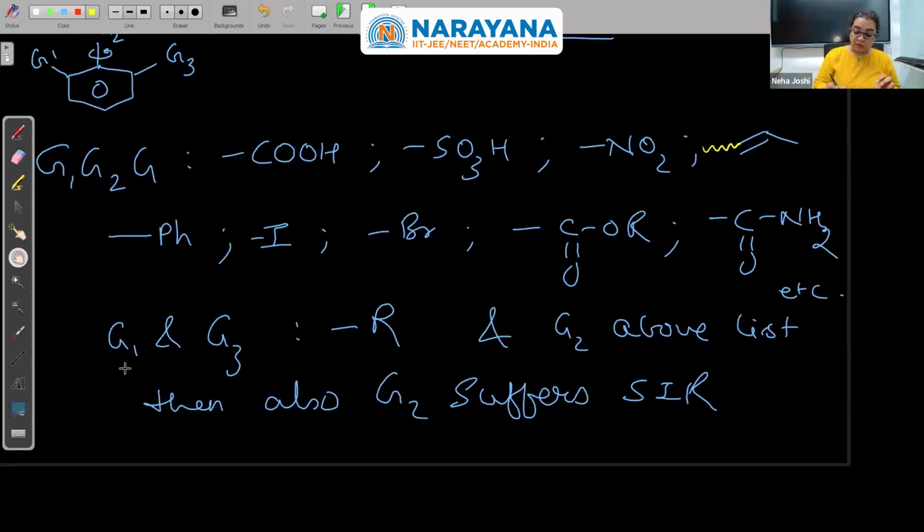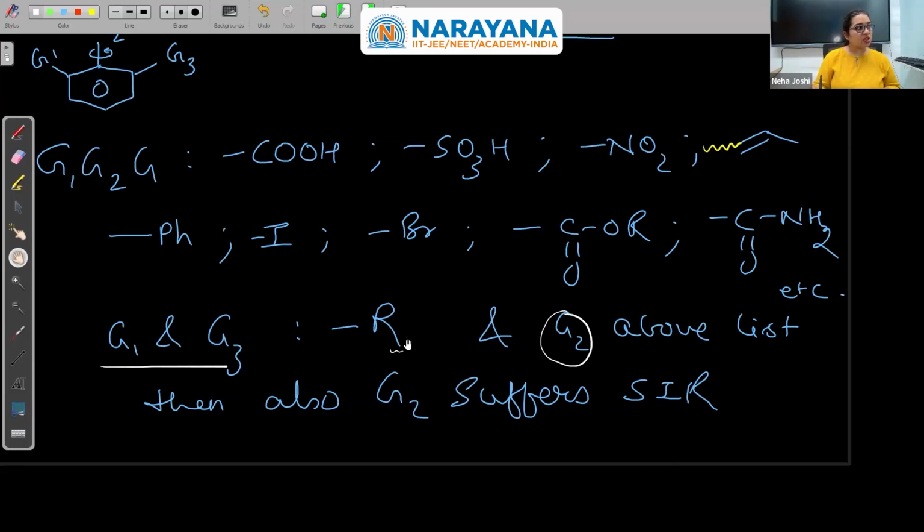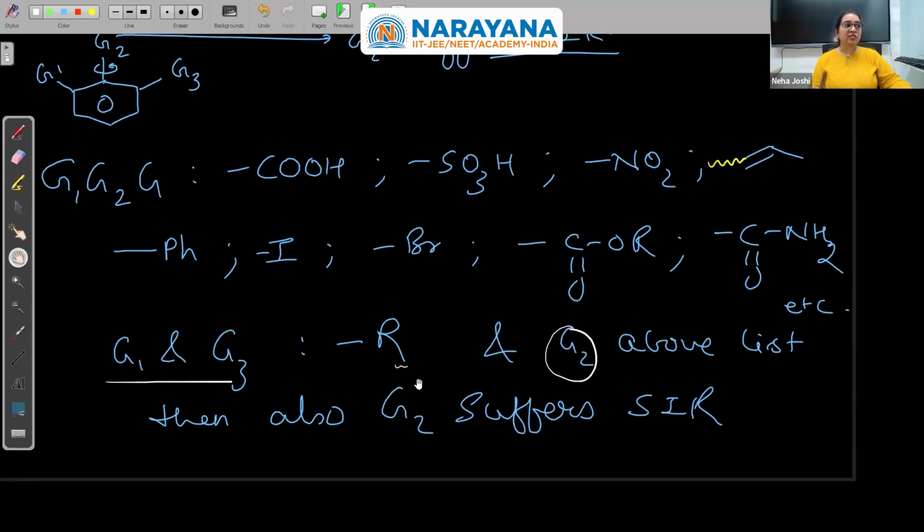Now, if G1 and G2 are from this list, which list? It could be alkyl. G1 and G3 could be alkyl, and G2 is from the above list. Then also G2 will suffer SIR. Now I cannot place this R in this list, because G2 can never be R and have SIR, because it never has resonance.